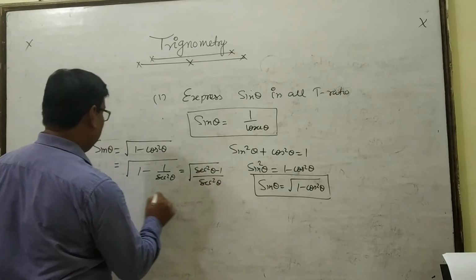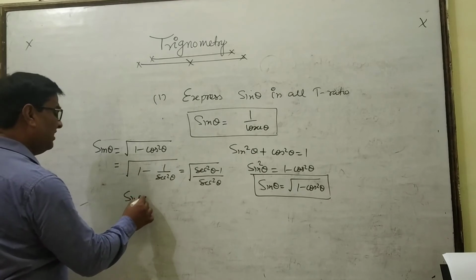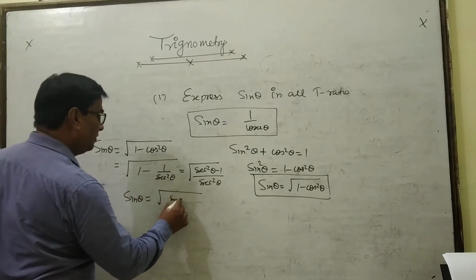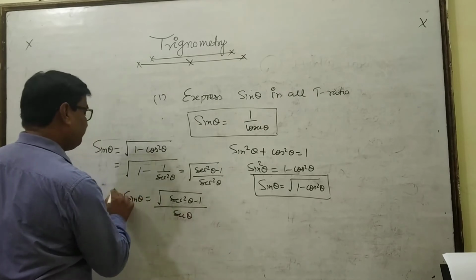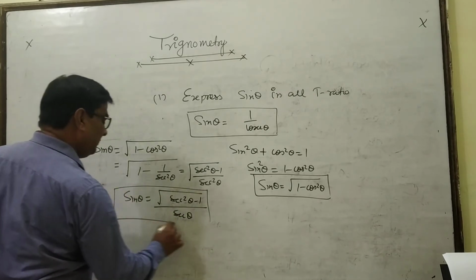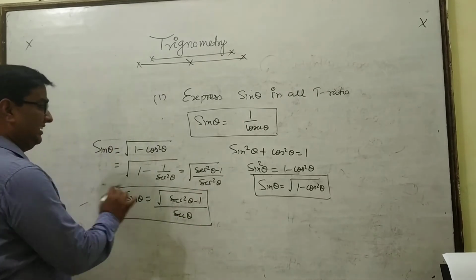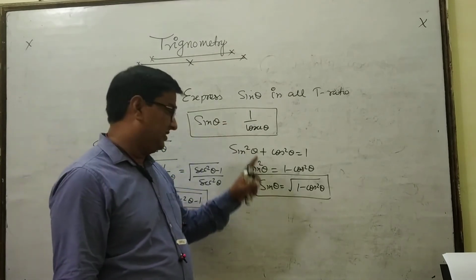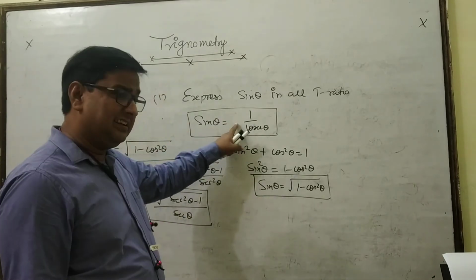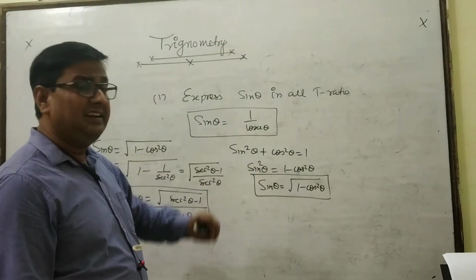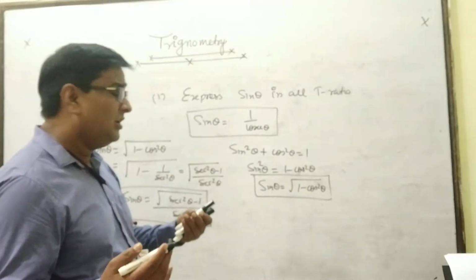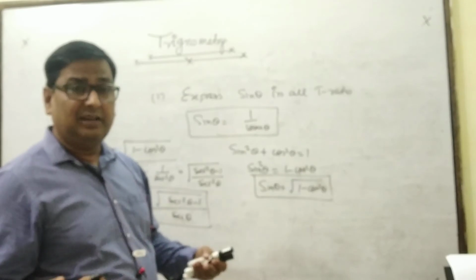So sine theta is equal to under root sec square theta minus 1 upon sec theta. So sine theta can be converted into sec, cosec, cos, and as you know very well, cot also and tan also.